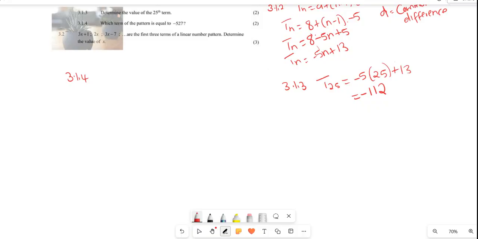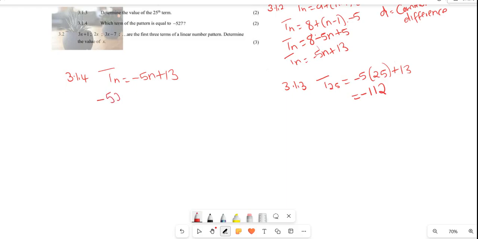Okay. So I'm going to start by writing down my general formula, -5n plus 13. Where there is Tn, because we are looking for n, we have to put minus 527.